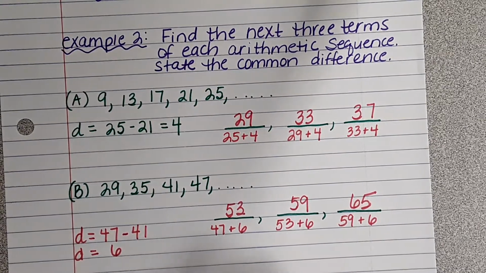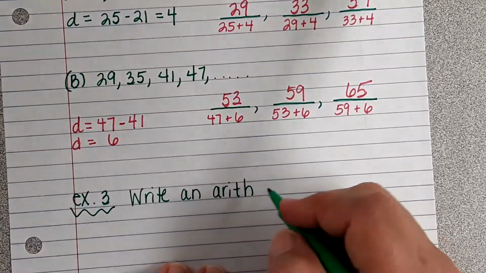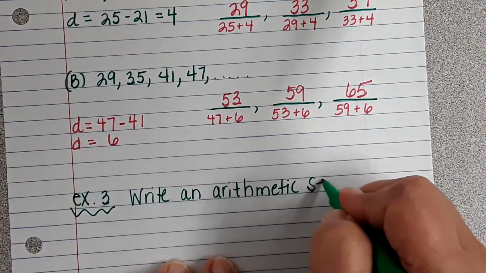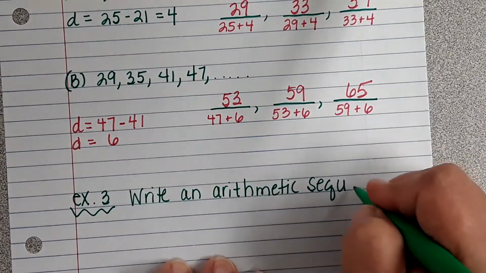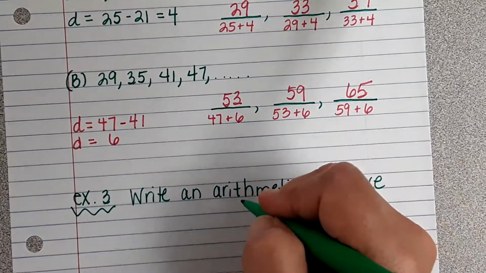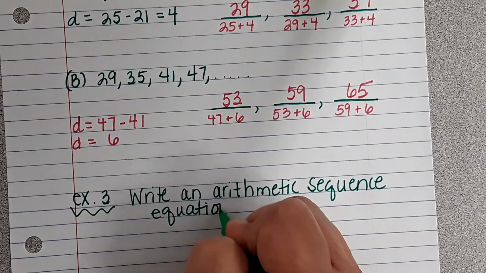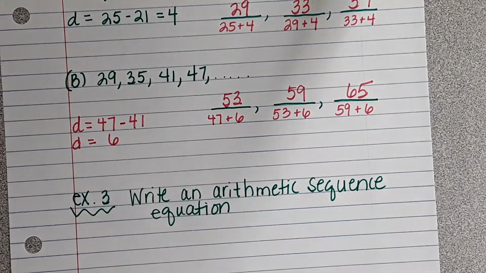We're going to write an arithmetic sequence equation, and then we need to find the common difference, and then we're going to find the nth term.